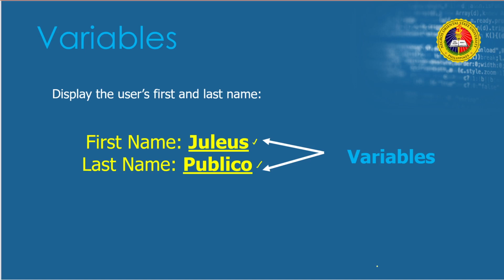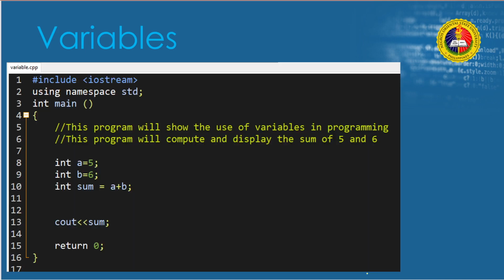symbols, characters, etc. So this time, let's try to create our very first program using variables. Let's take a look at this code right here. This is an example of a program that will compute the sum of two numbers. This program will compute and display the sum of 5 and 6.